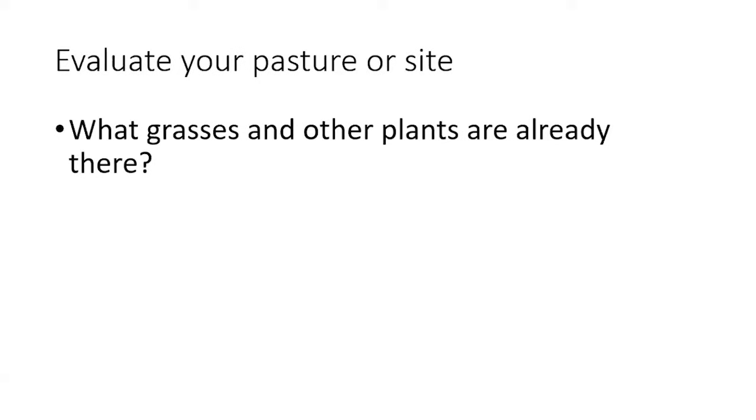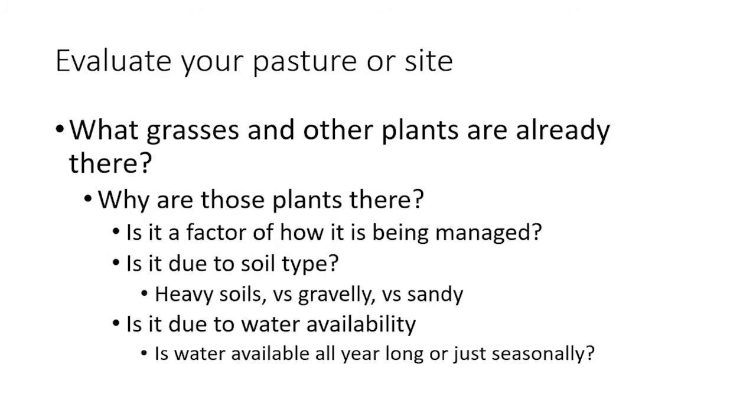If you can see what grasses are there, and if you like those grasses, that's probably a good reason to go with the grass that's there. So the question is, why are those plants there? Is it a factor of how you're managing it? Is it due to the soils that are there? Is it really heavy soil? Is it a wet soil?